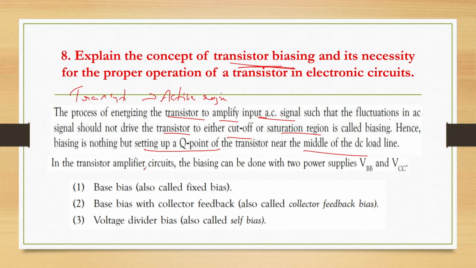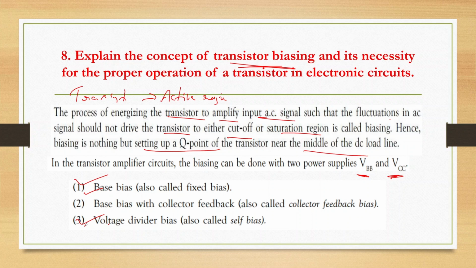In the transistor amplifier circuit, the biasing can be done using power supplies. There are some different biasing circuits: base bias circuit, base bias with feedback or collector feedback bias, and voltage divider bias. These are the three different biasing circuits which we are going to study.